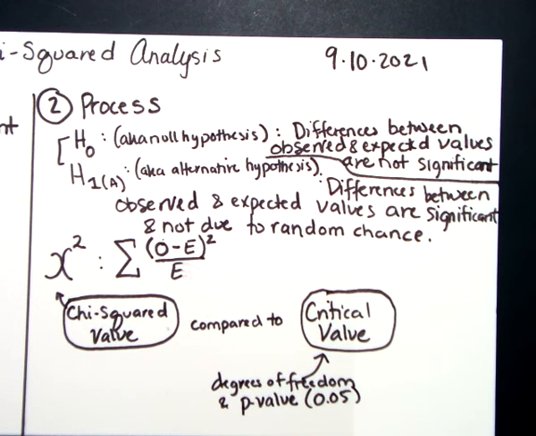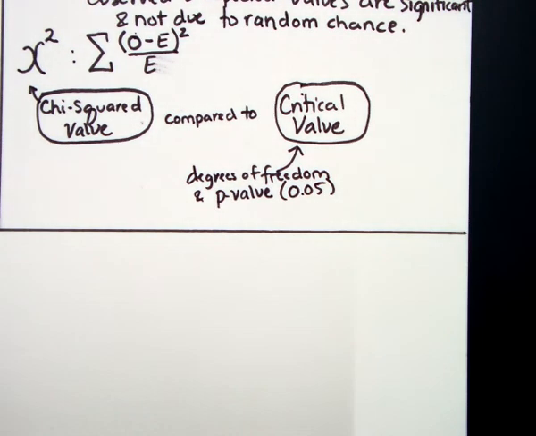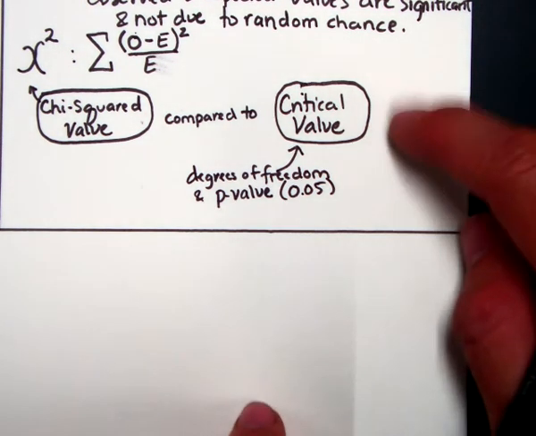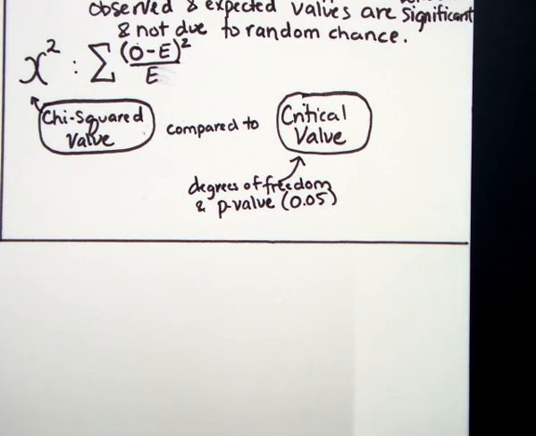Now, we're not going to get into the statistical theory behind degrees of freedom and p-value, but I'm going to show you how you can find this critical value on the chi-squared table. It's okay if this feels very abstract right now. It'll help when we do a practice problem. You'll see the use.